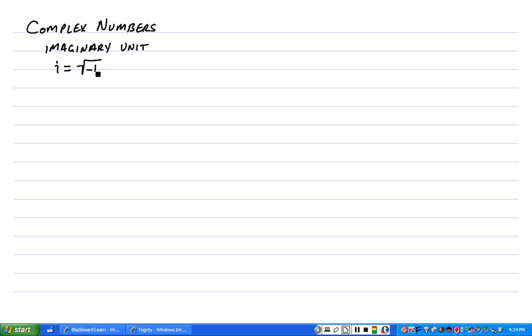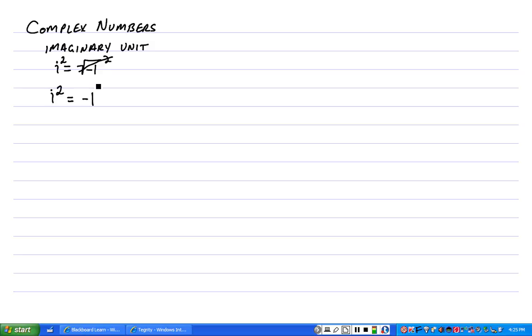So we use i, imaginary, to represent the square root of negative 1. If that's the case, then if we were to square i, that would equal negative 1. i equals the square root of negative 1, and if you square i, we talked about how square cancels square root, so i squared would equal negative 1.